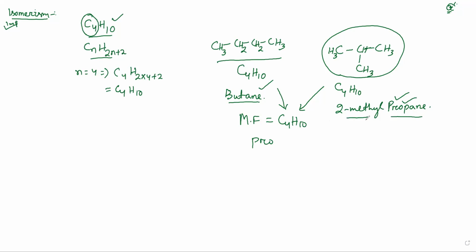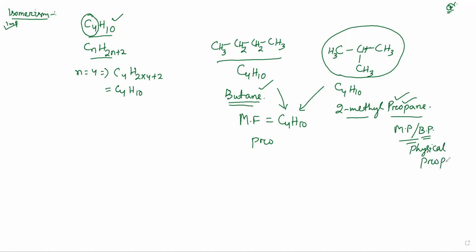This is a branched chain, a 2-methylpropane. This is a straight chain. So they will have different melting points or boiling points. They are generally liquids or gases, so they will have different melting points or boiling points. These are the physical properties.